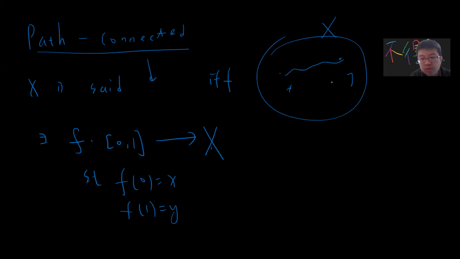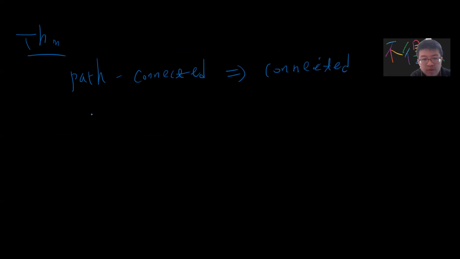Basically this means that for any two points in X, you can find a continuous curve passing from x to y, which is path connected. There is a theorem that I will not prove here, but I will prove in my analysis video, that path connected implies connected, but not vice versa.